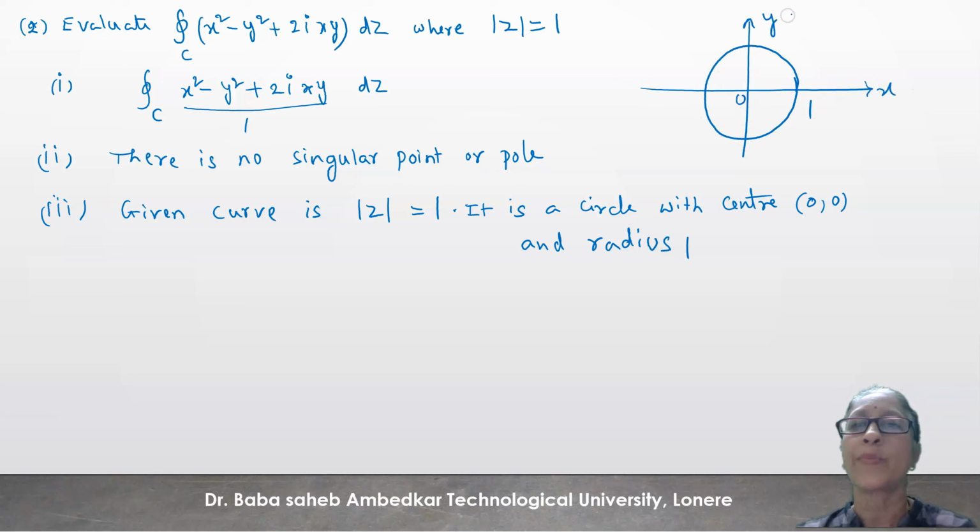since the denominator is 1, there is no singular point within this curve. If there is no singular point within this curve, that means this function is analytic within this circle.